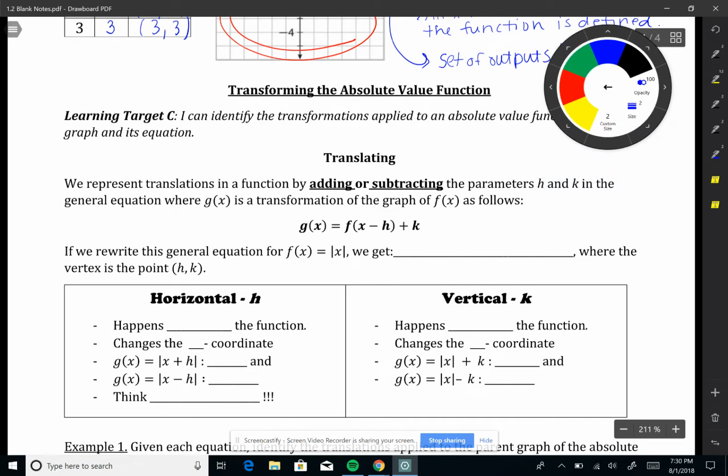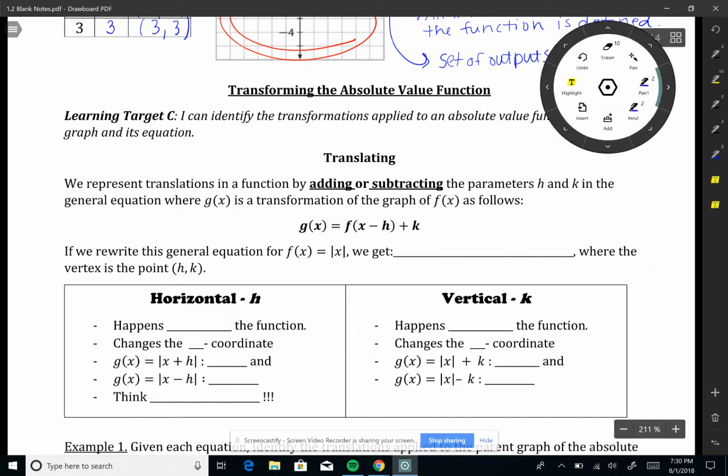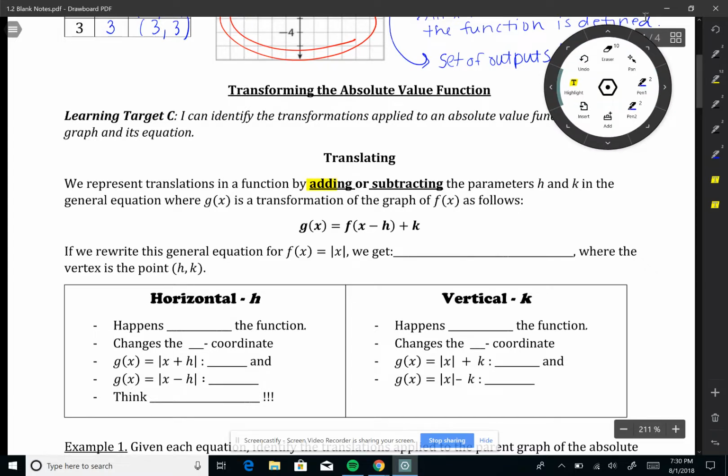We represent translations in a function by adding or subtracting the parameters h and k in the general equation g of x when it's a transformation of the graph of function f of x.